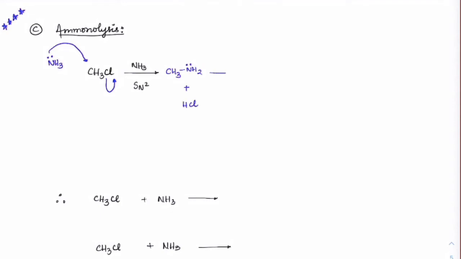But if CH3Cl is present more, if the number of moles of CH3Cl as compared to NH3 is more, then the lone pair on nitrogen will further attack CH3Cl as a nucleophile, and we would again get CH3NHCH3 plus HCl. This is what we will keep getting.